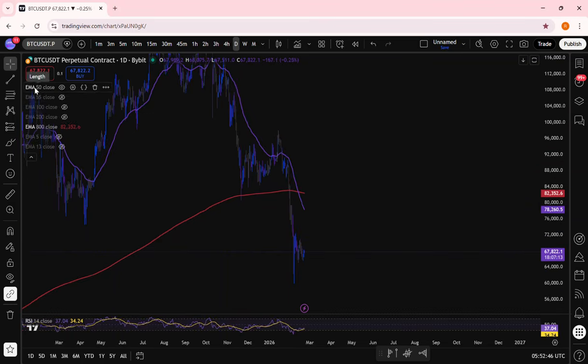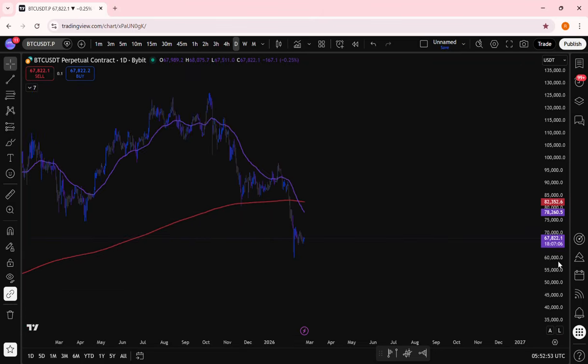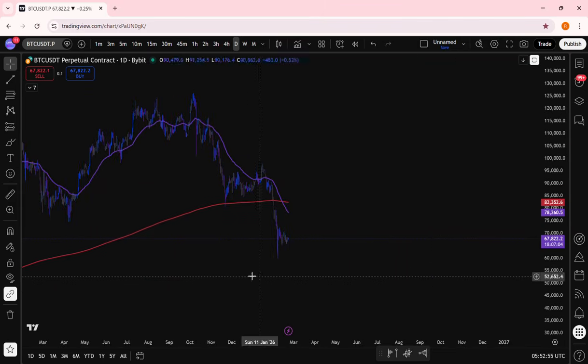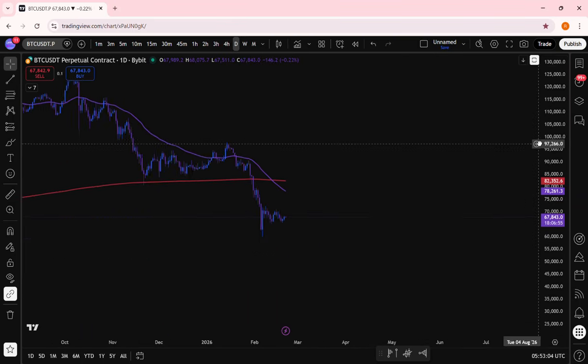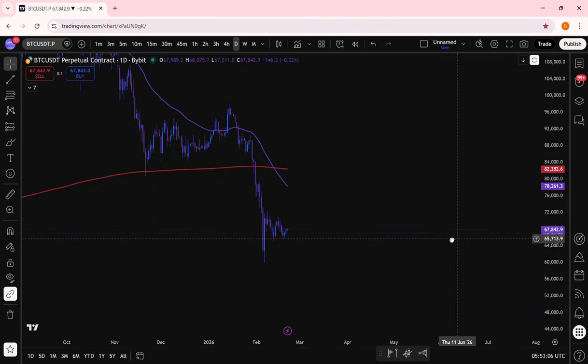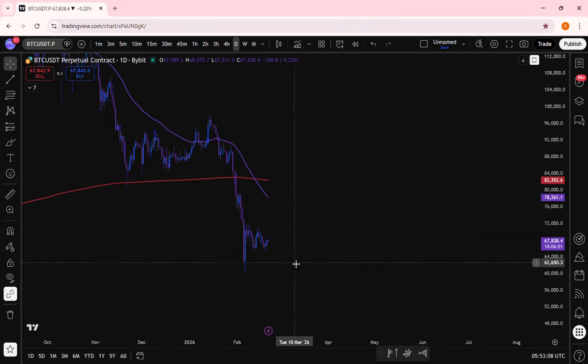Now, what I've done is I've taken some off the screen just to not make it overcomplicated. So we can see that the 800 has crossed the 50 EMA, and we can see that the current price of Bitcoin is consolidating in this range here.